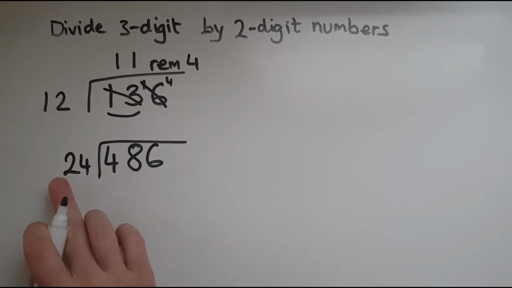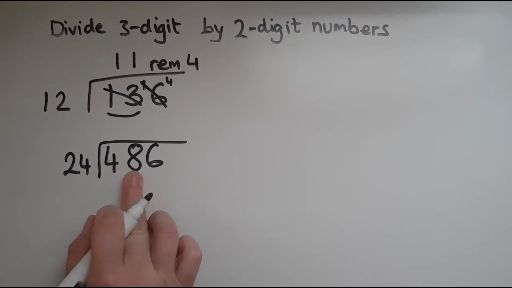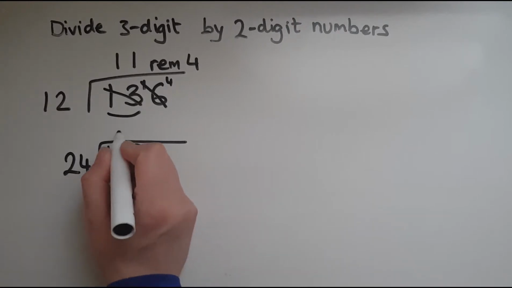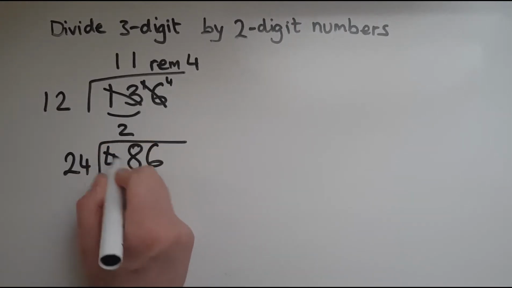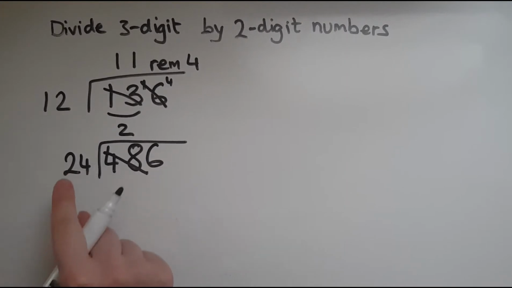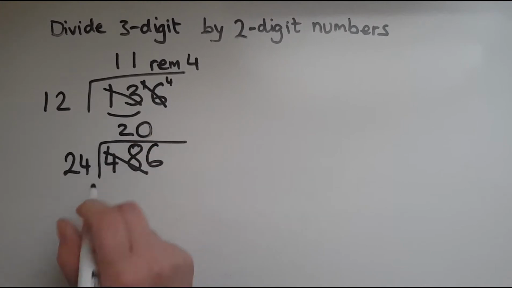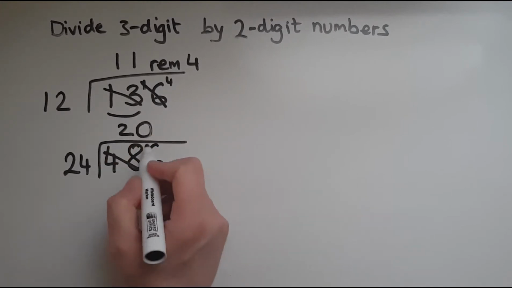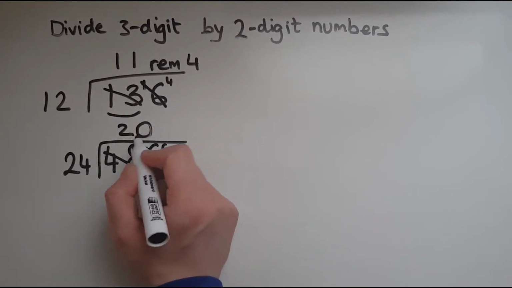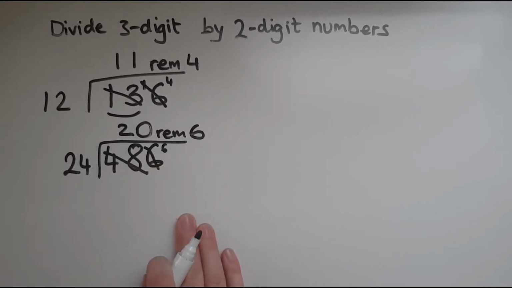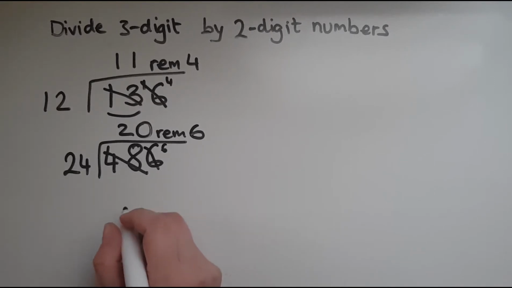So how many 24s fit into 48? 24 and 24 makes 48, so that are 2 of them. There is nothing remaining. We'll try and fit 24 into 6, and it doesn't, so we'll write that 0 down, and there will be 6 remaining. So 20 remaining 6.